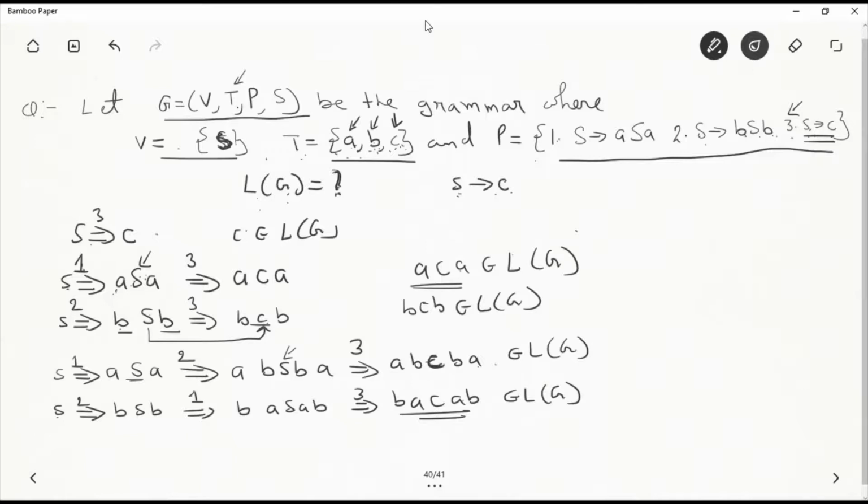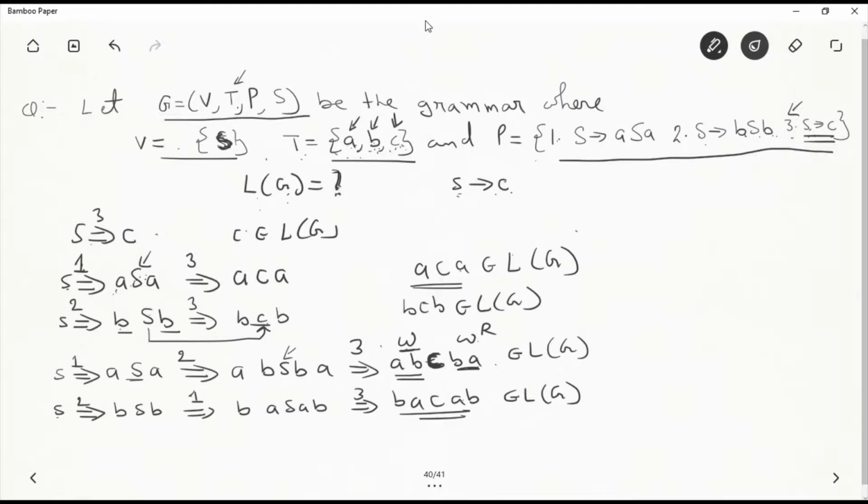What is actually happening? Repeating values, sir. Suppose I take the string before C as W, then after C you are going to see WR, the reversal of this string.